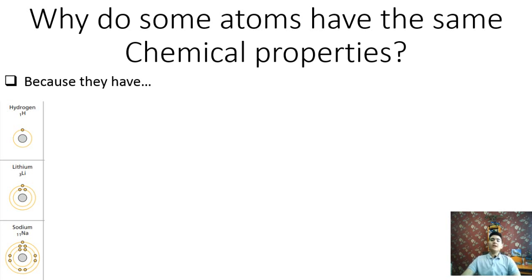As I told you in the previous slide, the valence electron is the electron that is farthest from the nucleus. In lithium it is the third electron, in sodium it is the 11th, and in hydrogen it is the first. As I said, these exhibit similar chemical properties.